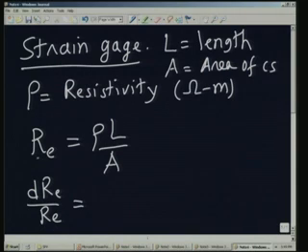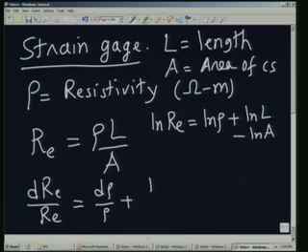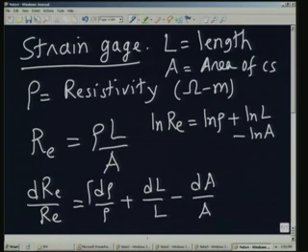I take the logarithm both sides, it becomes log Re equal to log rho plus log of L minus log of A. And now I differentiate term by term. This gives you 1 over Re dRe, that is what I have in the left hand side, 1 over rho d rho plus dL by L minus dA by A. This is what we have.